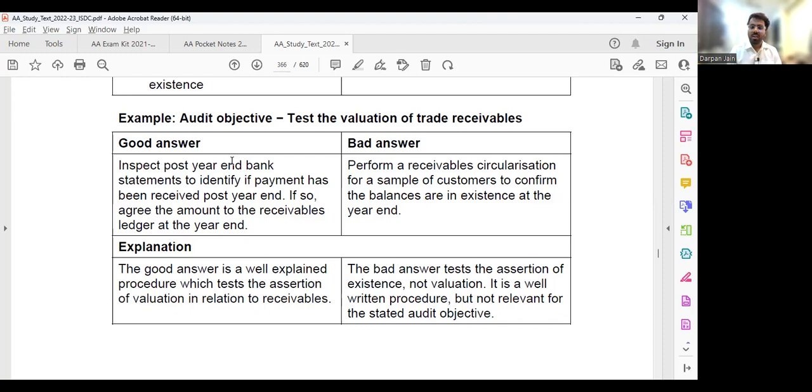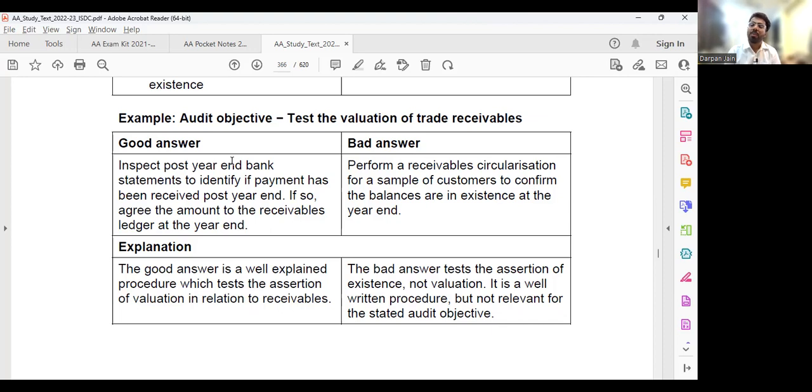Why? Because generally, the credit period which is given to these parties is 1 month. So by February last week, these parties must have paid the company the amounts outstanding. So how can you test whether the valuation of trade receivables as at the year end is correct or not?